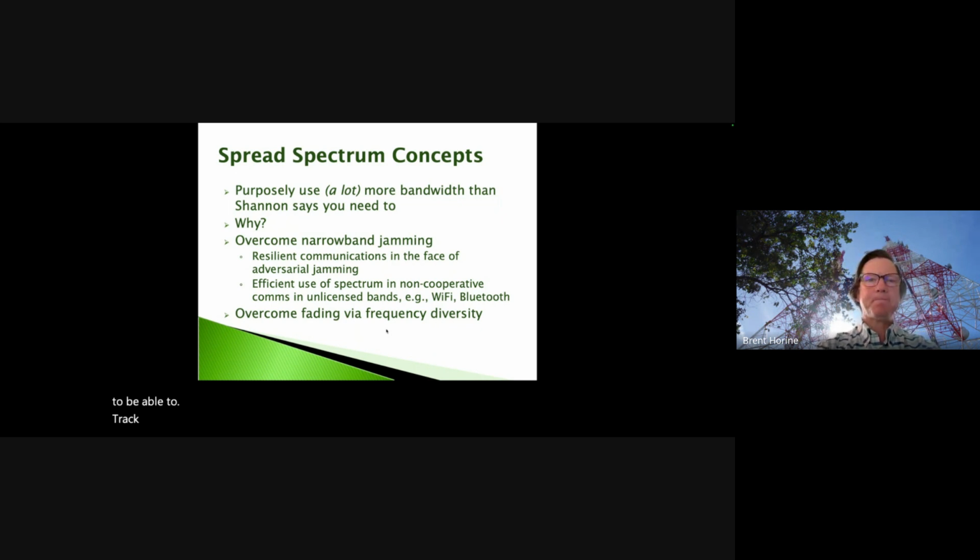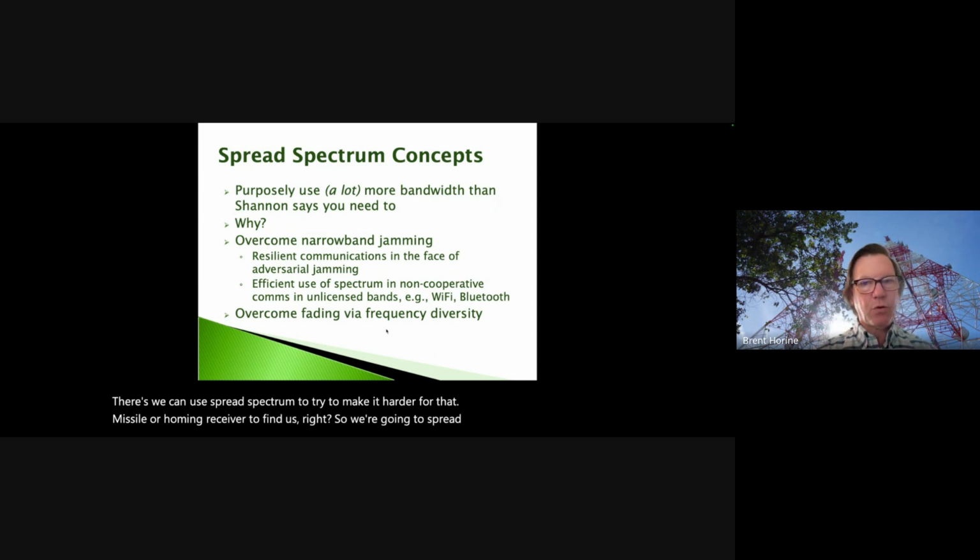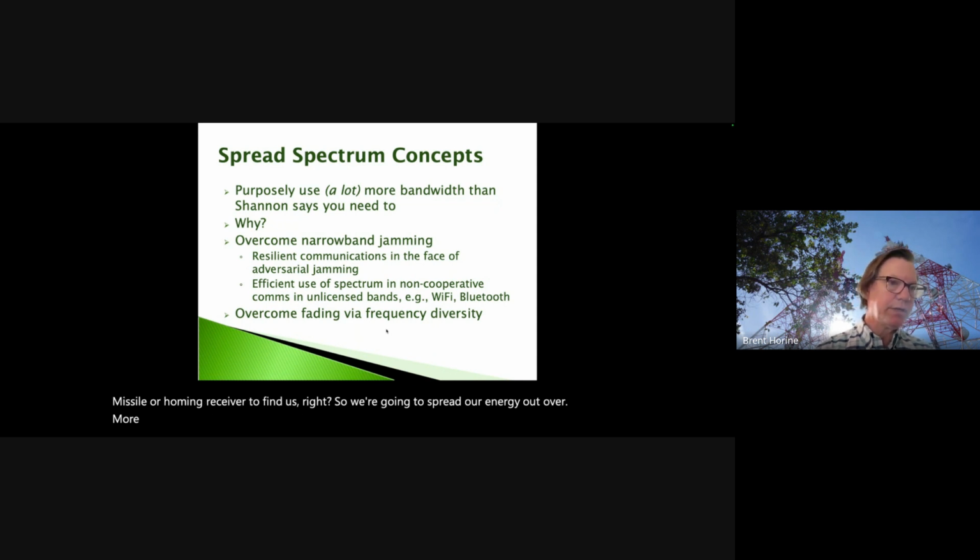So we can use spread spectrum to try to make it harder for that missile or homing receiver to find us, right? So we're going to spread our energy out over more frequencies, and therefore it just makes it harder for them.